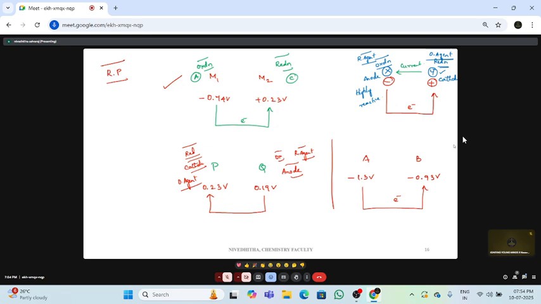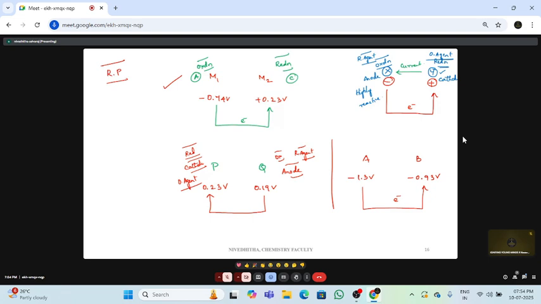No, ma'am. Okay. Shall we discuss a few numericals related to this electrode potential? Yes, ma'am. Okay. We have predicted the anode, cathode, electron flow, current flow direction and all that, right? Similarly, we can also calculate the cell potential.